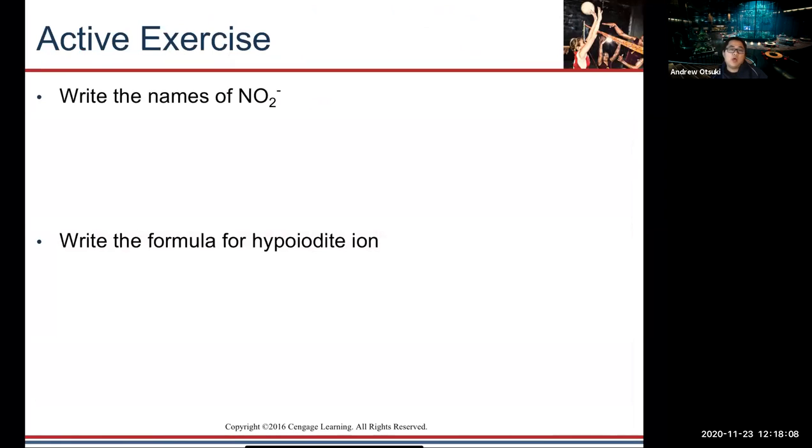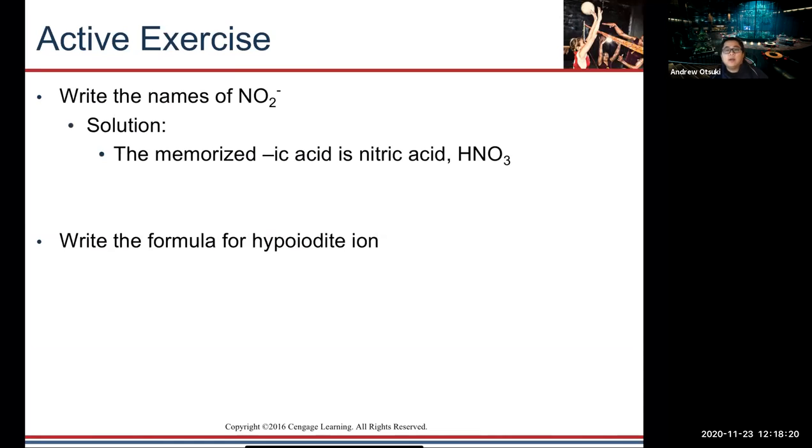Let's try this. What is the name of NO2 minus? Our NO2 minus is nitrite. So where does NO2 minus come from? Remember, the memorized ic acid for nitrogen is nitric acid, HNO3. HNO2 has one less oxygen, so we call it with the OUS ending for the acid name.